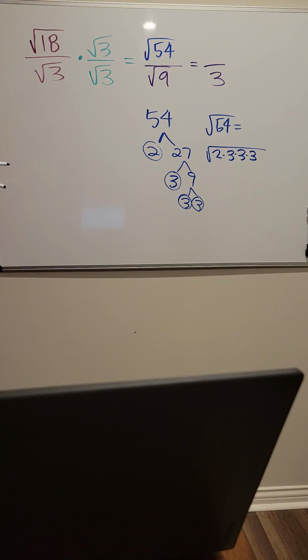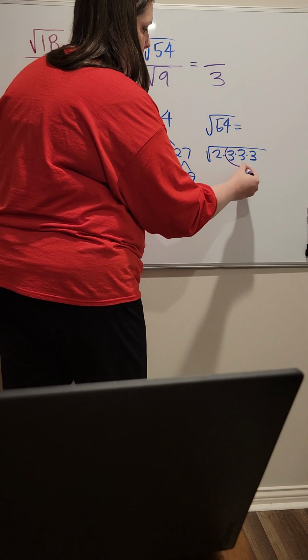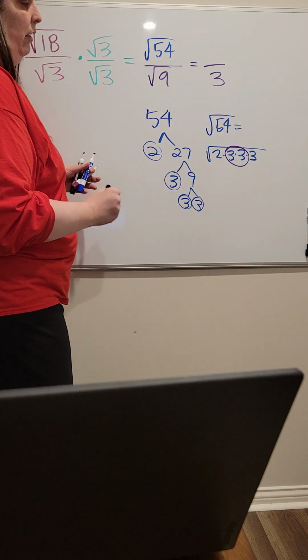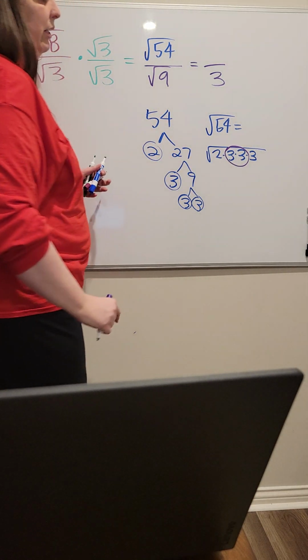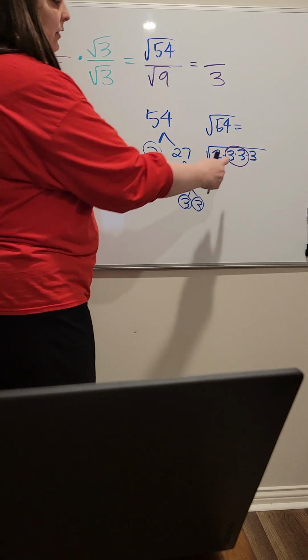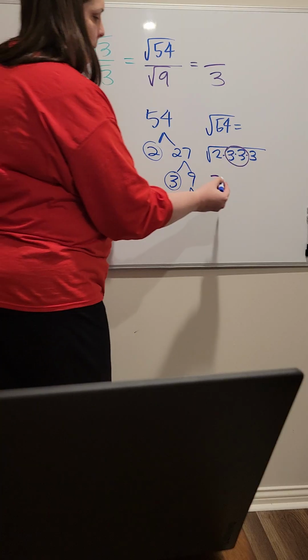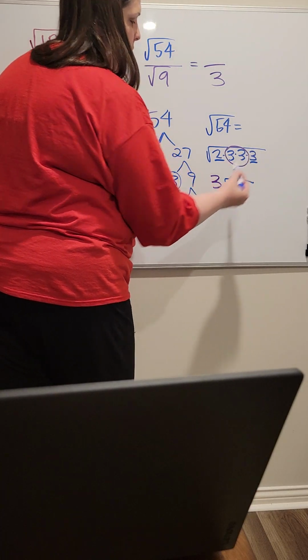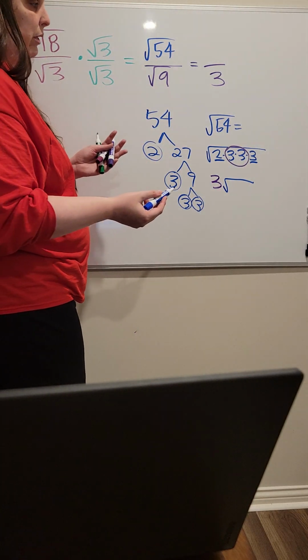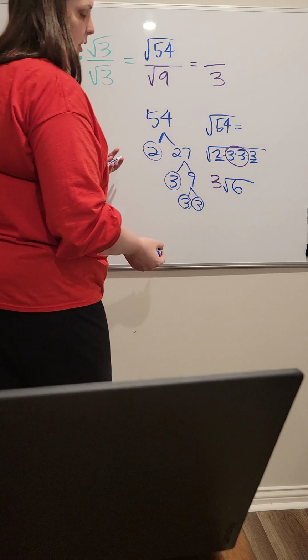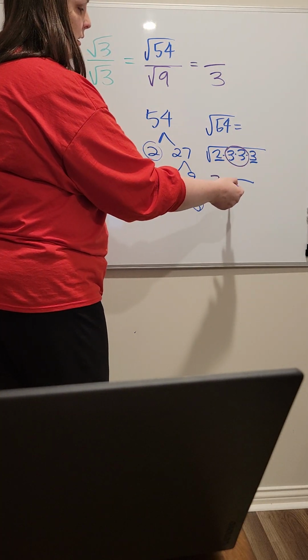And then we're looking for pairs underneath. You might do this differently. Some people look for perfect squares. That is a perfect square. 3 times 3 is 9. If I take the square root of 9, I get 3 on the outside, and then 2 and 3 didn't match up. They're not perfect squares with anything. So 3 times 2 is 6.